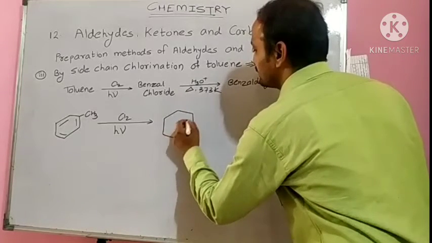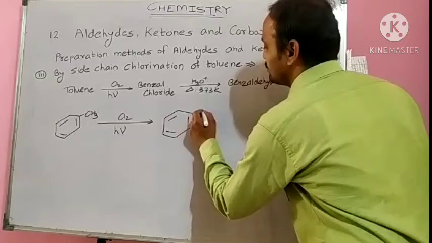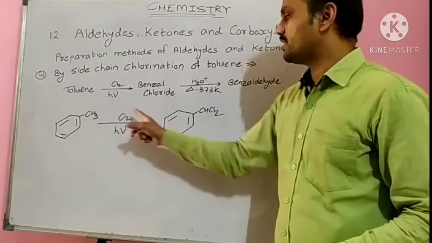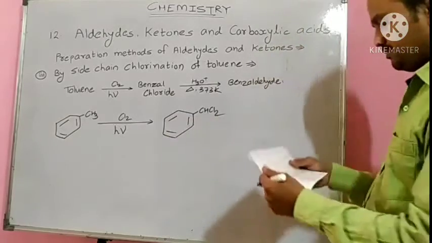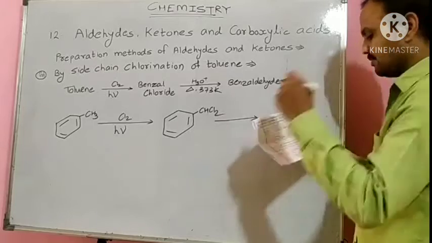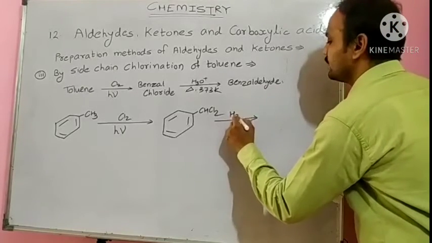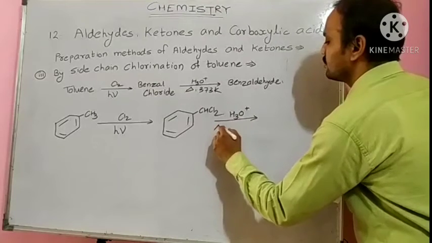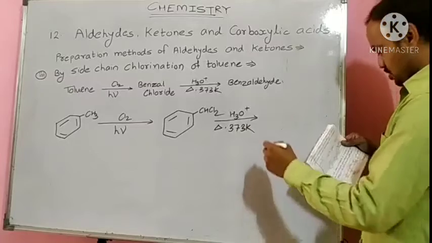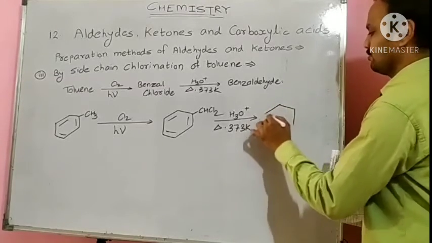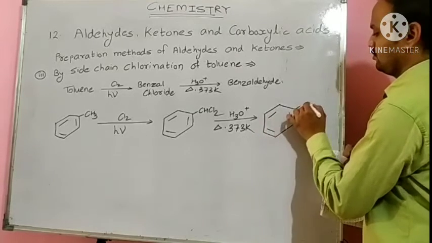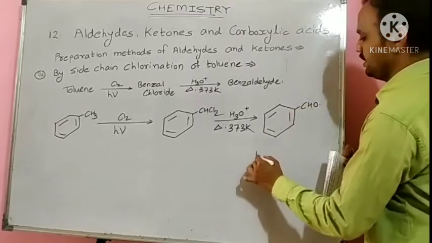Benzyl chloride is a benzene ring with CHCl2. Two hydrogen atoms get replaced by chlorine, and this benzyl chloride on acid hydrolysis at 373 Kelvin gives benzaldehyde.